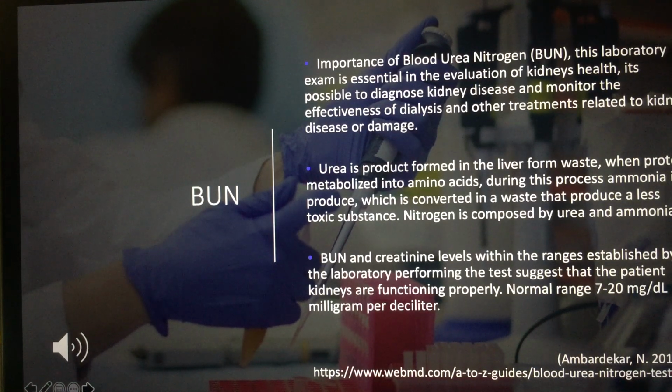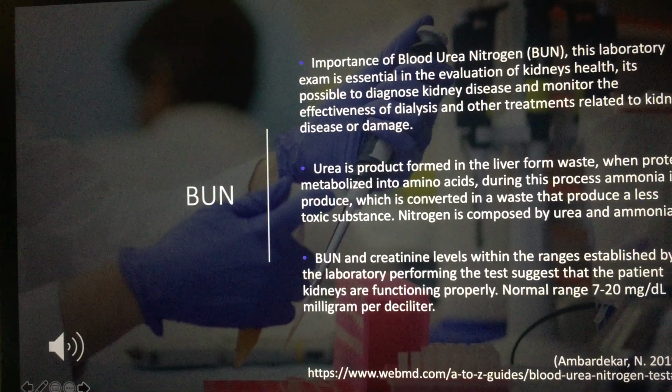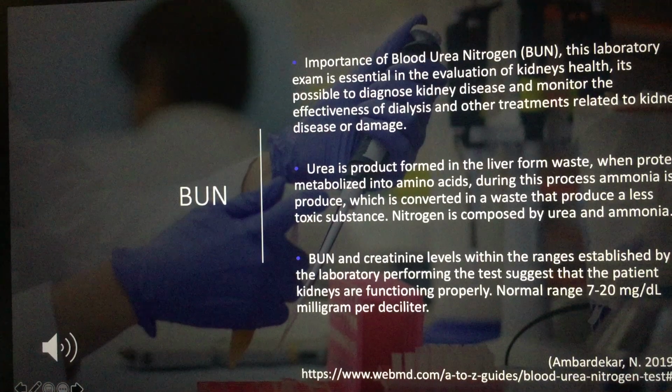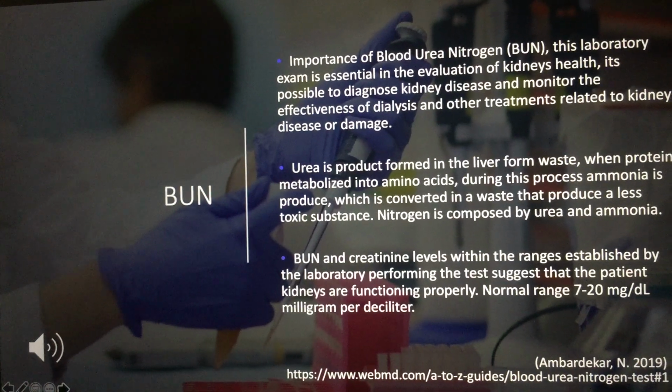What does the test result mean? Well, the BUN tests are interpreted along with creatinine results and other tests that may be performed, such as a renal panel. BUN levels are within the range of 7 to 20 milligrams per deciliter.